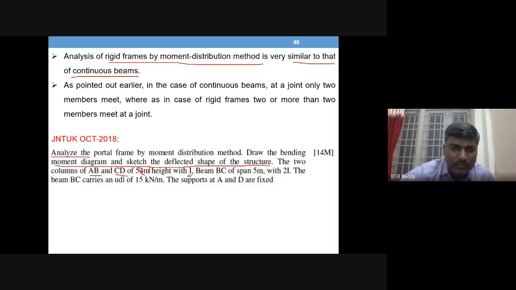Treat the beam as 4 meters. There is a mistake there, it is from October 2018, maybe a typographical error. Beam BC of span 5 meters with 2I carries a UDL of 15 kilonewton per meter, and supports A and D are fixed.